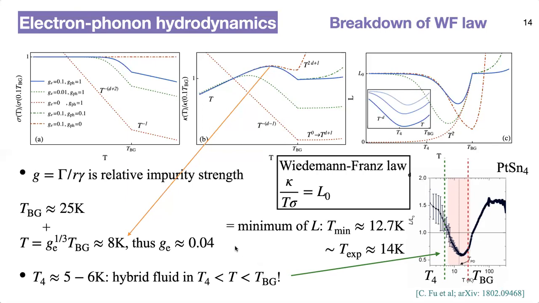And as I said before, this region is really the emergence of the hybrid fluid. So, well, it's not a rigorous proof, but we claim that this kind of hybrid fluid is associated with the strong variation of the Wiedemann-Franz law.